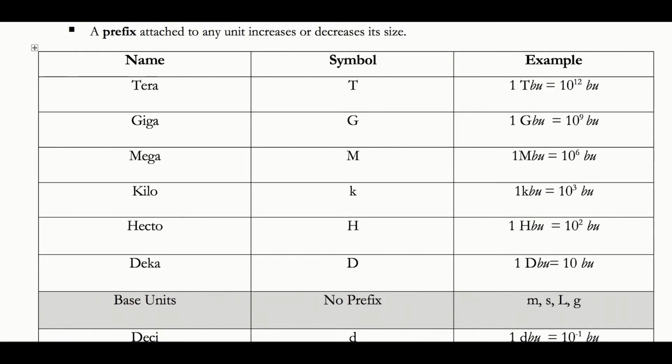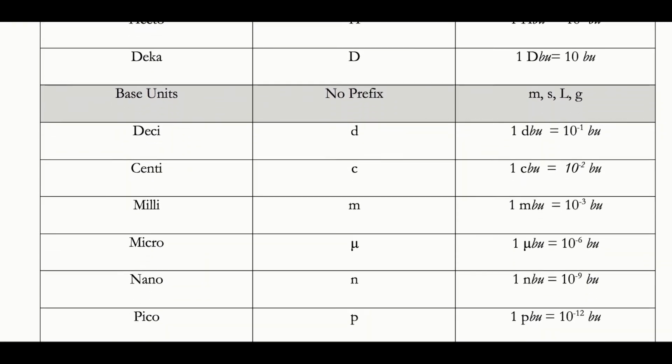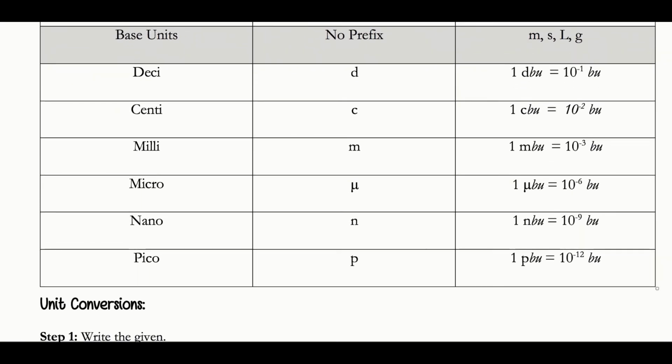So notice all of the prefixes above this base unit, by putting those prefixes in front, you make the unit larger. However, if we go below, deci, 1 decimeter equals 10 to the negative first meters. As we said before, 1 centimeter equals 10 to the negative second meters. 1 milliliter equals 10 to the negative third liters.